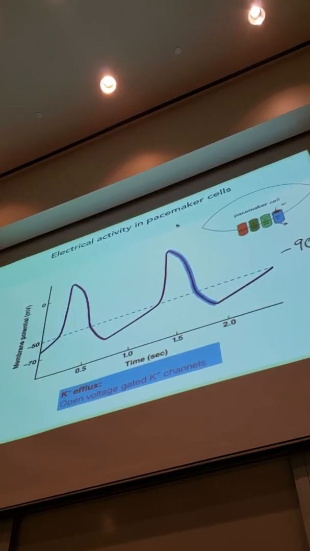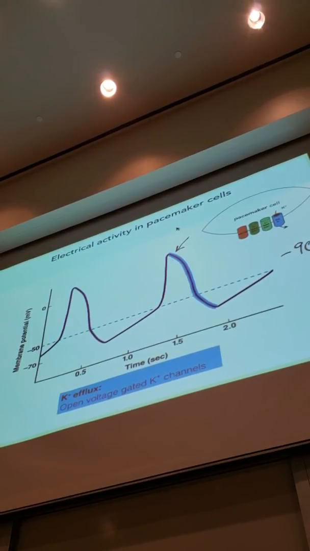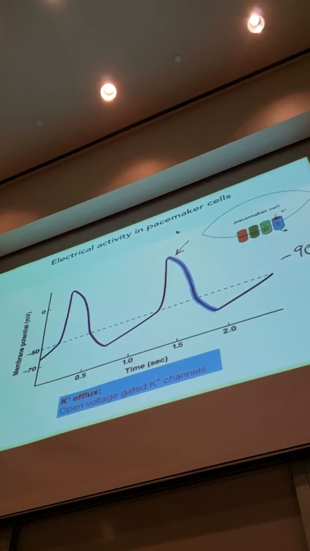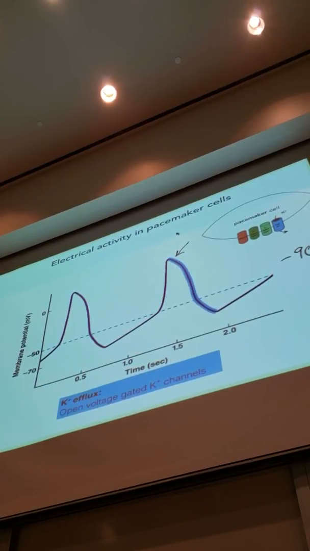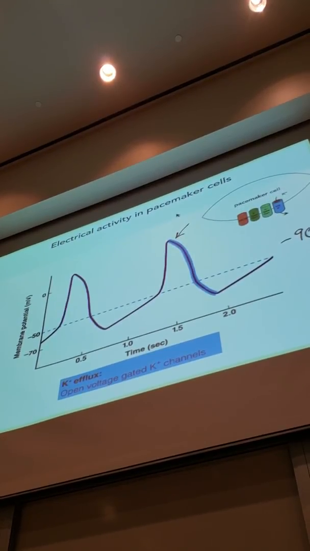And where is the membrane currently? More than 0. It's in the positive territory. So let's say it's plus 15 or something like that. So there's an electrochemical driving force that's pushing potassium down towards minus 90. There's electrical and chemical forces that favor its movement.